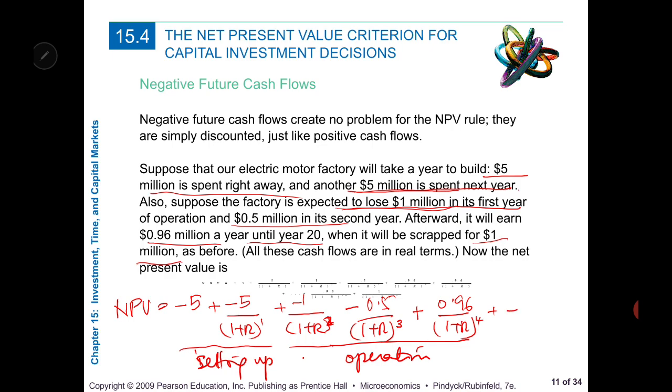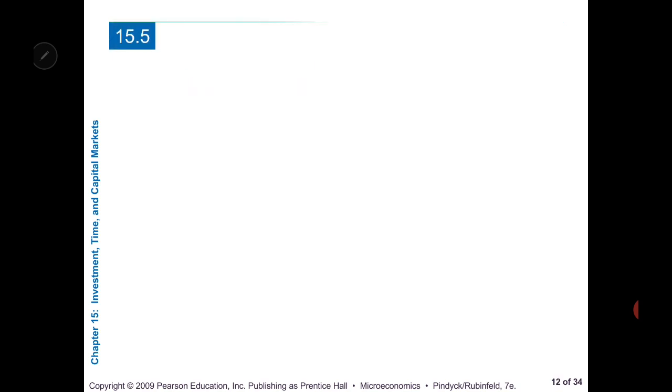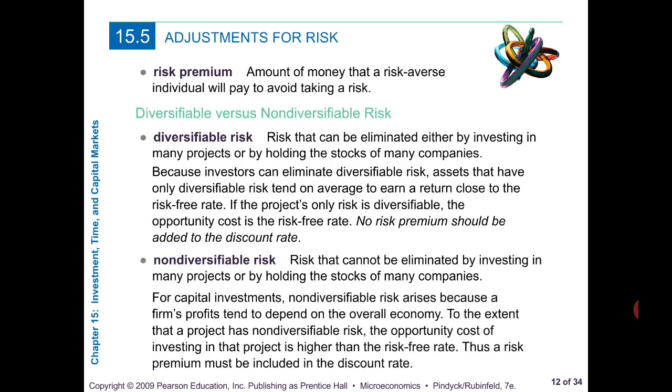And this goes on until the 20th year. So now this becomes 1 plus R to the power of 20, and then you have that scrap value at year 20. So this is the operation, and this one is the scrap value. Okay, so be careful how you set up your income. Okay, we stop here.